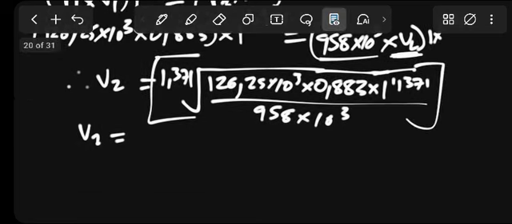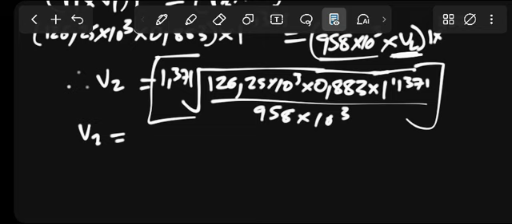I'll try, let me see. When I punch that, this shift factor, then there's 1.371, fraction of the root. 126.25 times 10 to the power of 3, multiplied by 0.883, multiplied by 1 times 10 times 1.371, all over this, 958 times 10 to the power of positive 3.